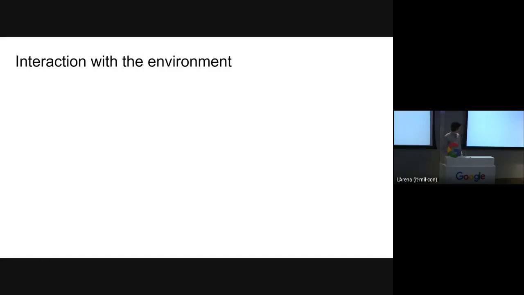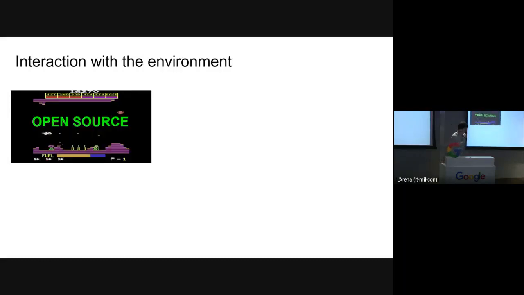In some cases, it's not a problem. For example, if we speak about Atari, this is a famous virtual environment provided by OpenAI, which is open source. You can just get it and start playing with it.